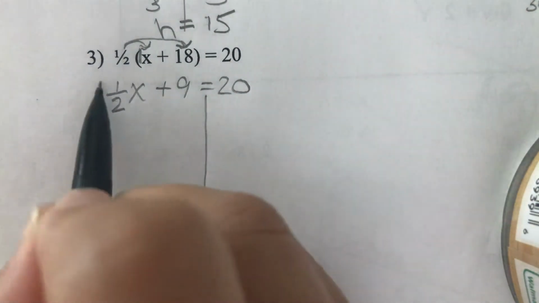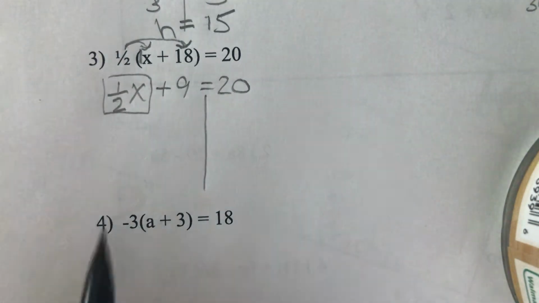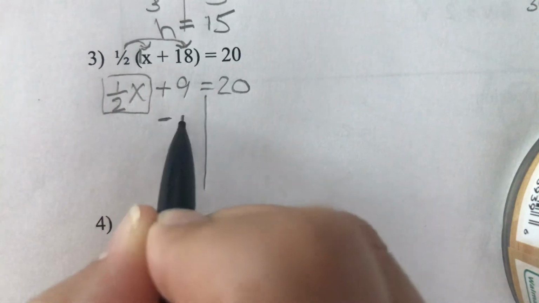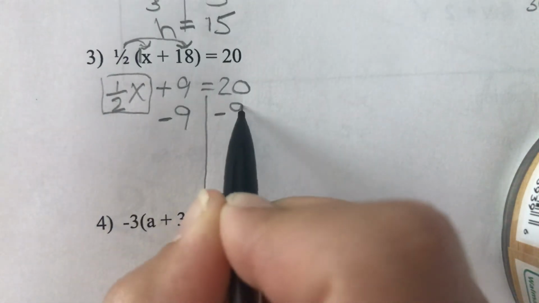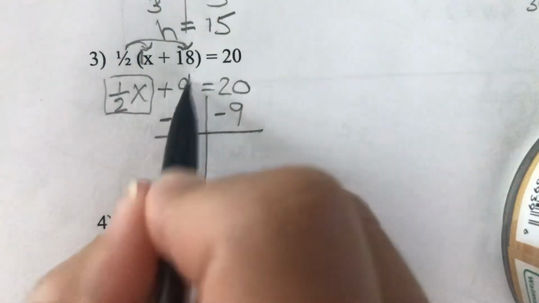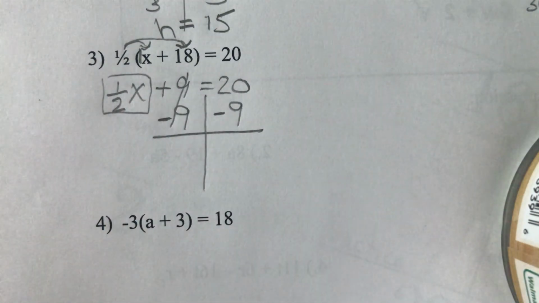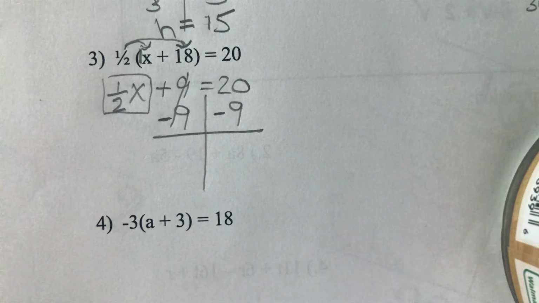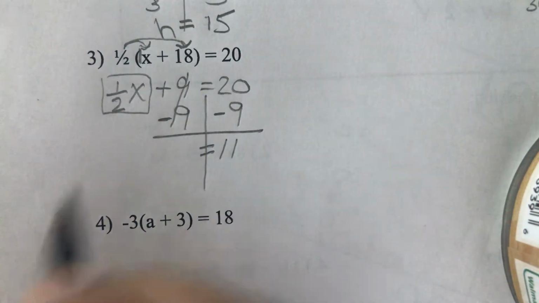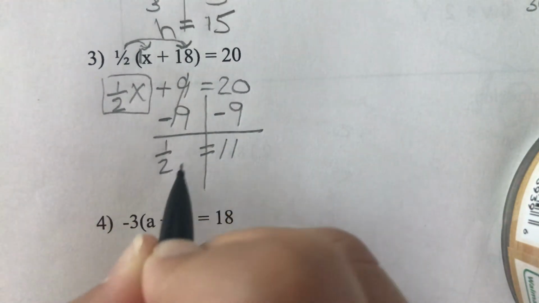My line, same thing, box that in. I see a plus sign, so I do the opposite. Cancels out here. 20 minus 9. I bring down the 1/2 x.